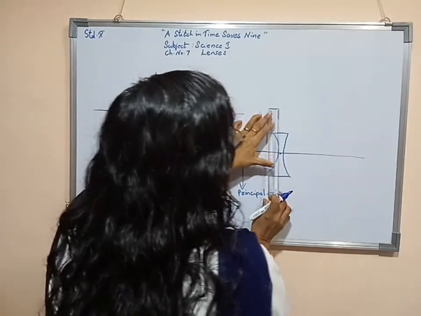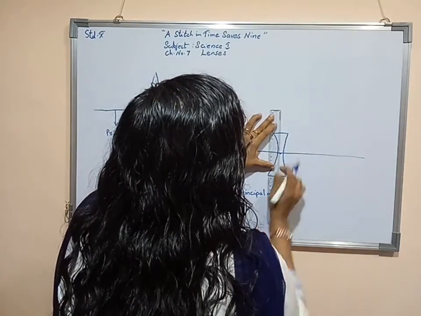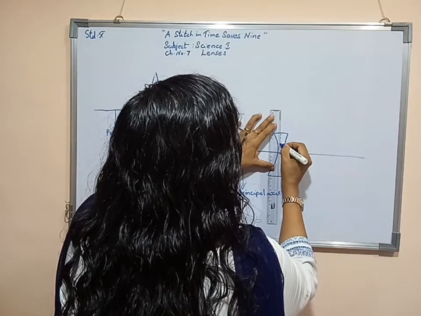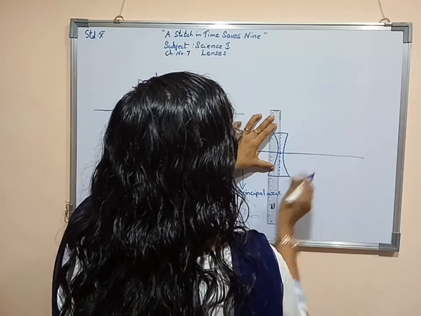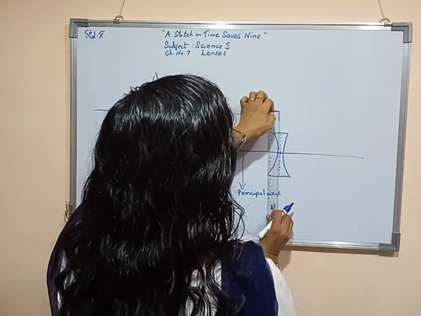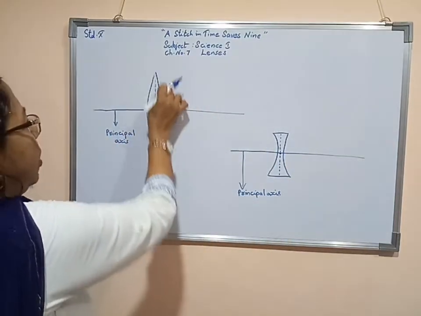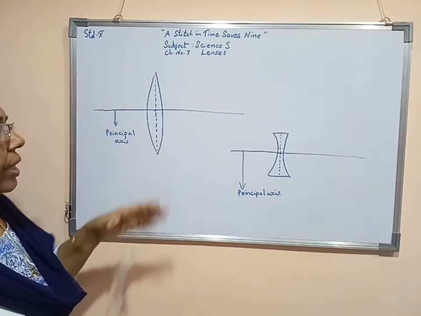Similarly, here also I am drawing a straight line. We have to draw it dotted. This is an imaginary line, because of that we are doing the dotted line representation.